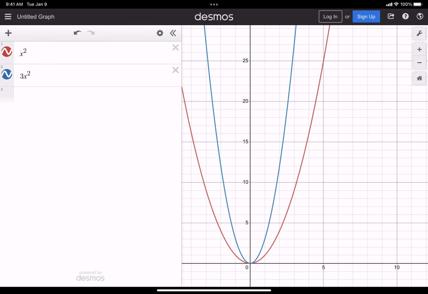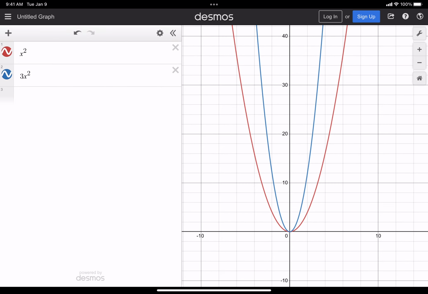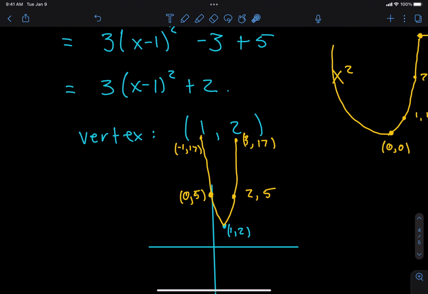Okay, so the only difference between the idea here and the one that we just did is that in addition to this vertical stretching, I also have a shifting. So I didn't just have this stretching.